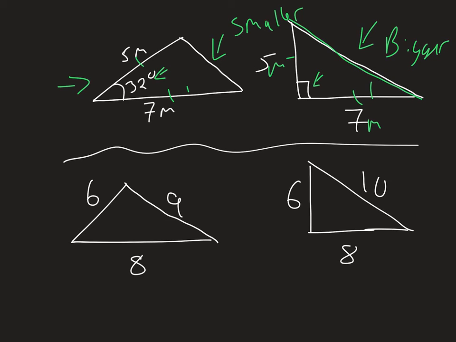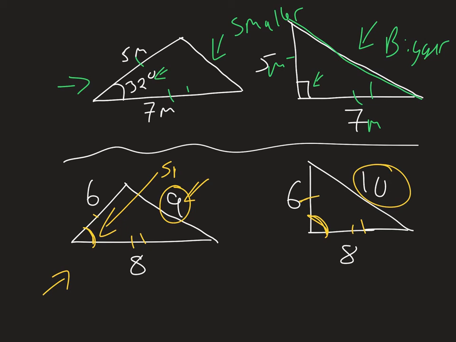So if I look at this example on the bottom, I have technically two pairs of congruent sides, and the last side is not congruent. So this would allow me to say that this angle on the left has to be smaller than the angle on the right because of the 9 versus the 10, the opposite side.